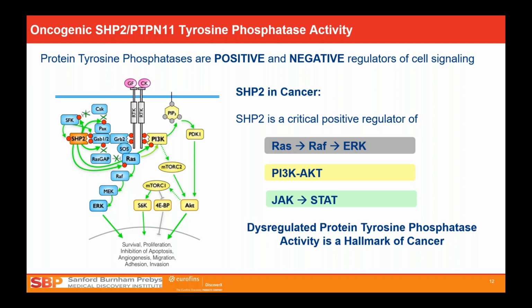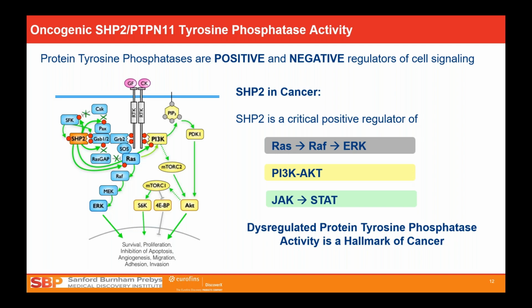A common misconception about tyrosine protein phosphatases is to think that they just have one function, but they actually have both positive and negative roles in regulation of cell signaling. Cell signaling stimuli, including cytokines and growth factors, are interconnected to the SHP2 protein tyrosine phosphatase regulation.